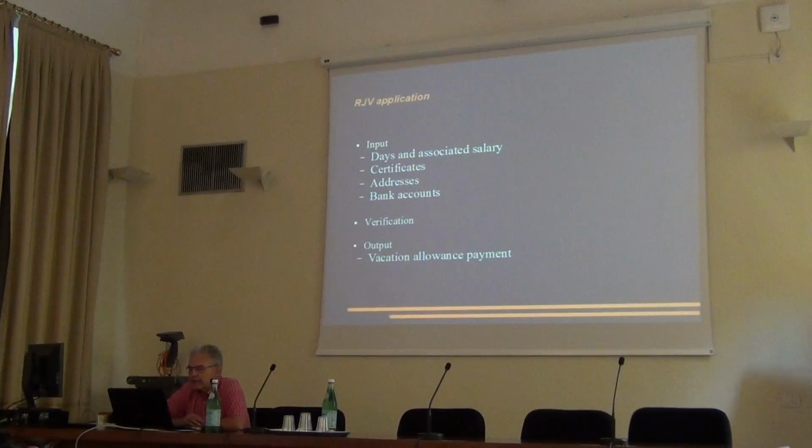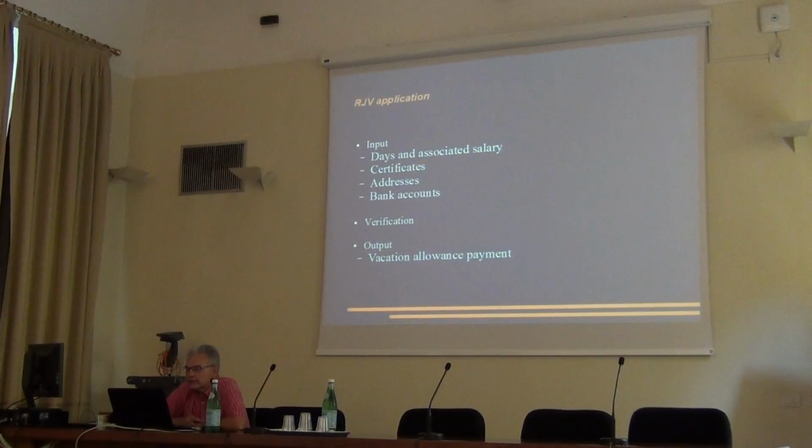The application is basically one where the agency gets the dates and the salary associated. They also get some certificates that try to confirm the dates and the associated salary. They are used for cross-checking the information.